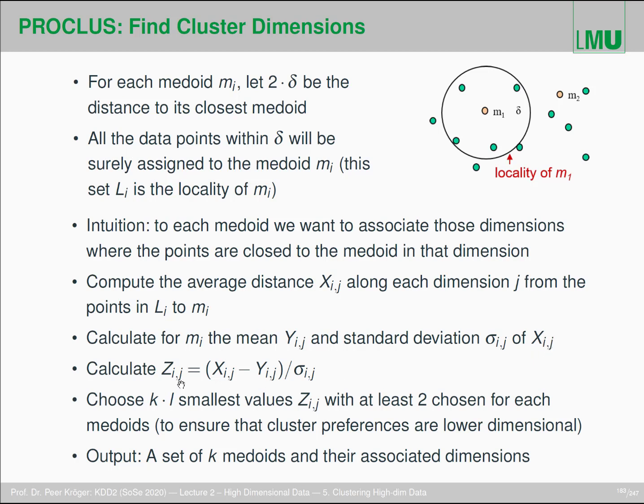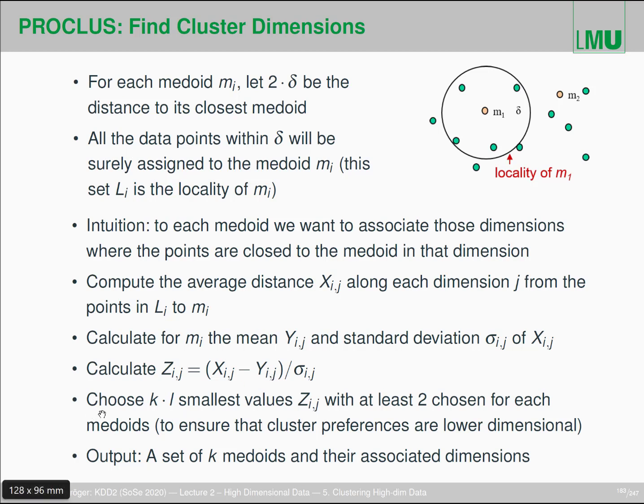And then we calculate another value, which is the actual average distance minus the mean, divided by the standard deviation. That gives you a kind of measure. The smaller it is, the better it is, obviously.